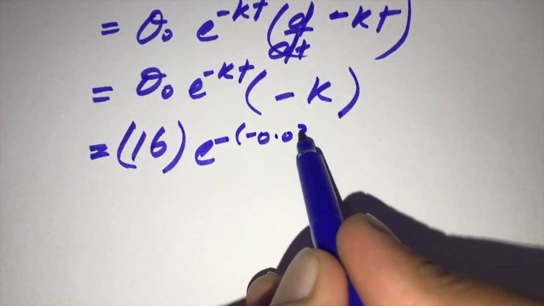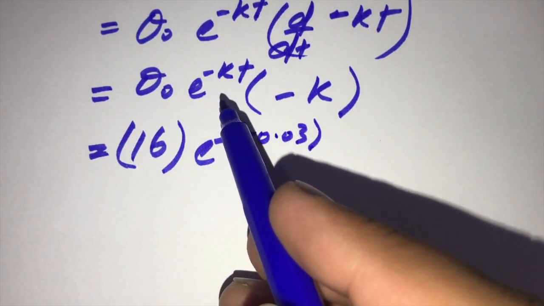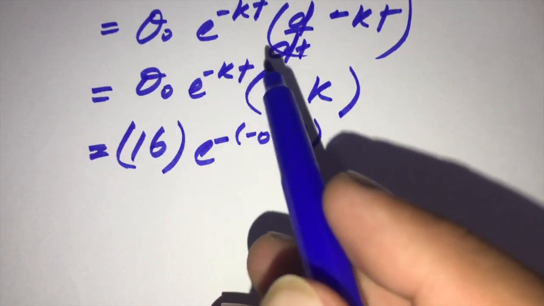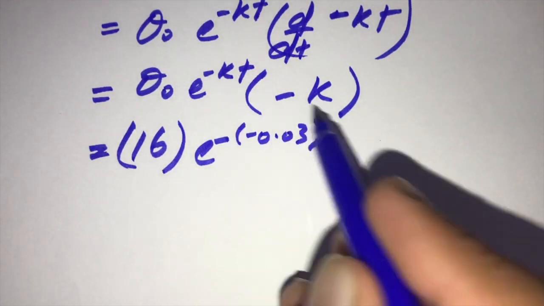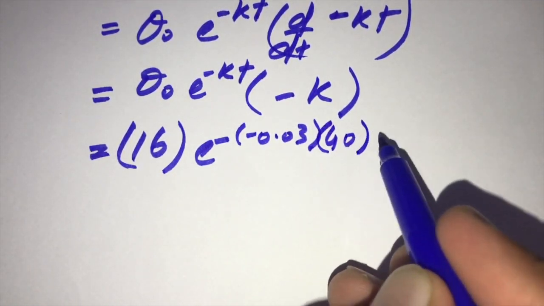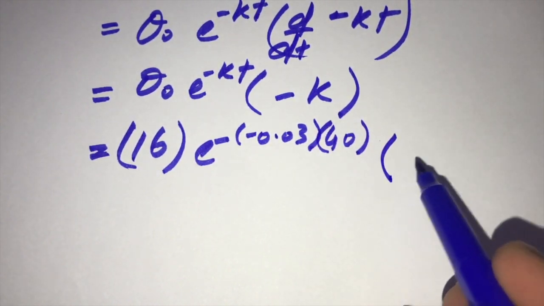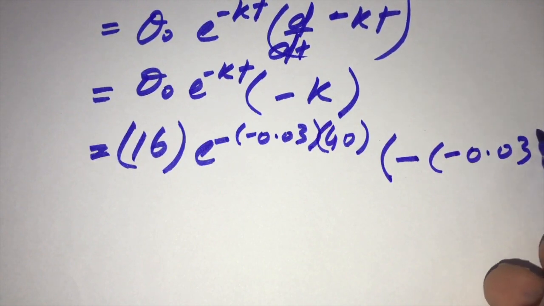And at what time do we calculate it? We calculate it at t is equal to 40 seconds. Put t is equal to 40 seconds here, and then put the value of minus into minus 0.03 here.